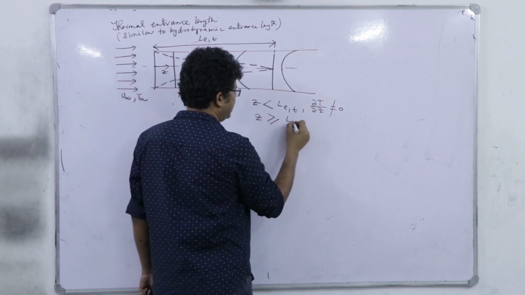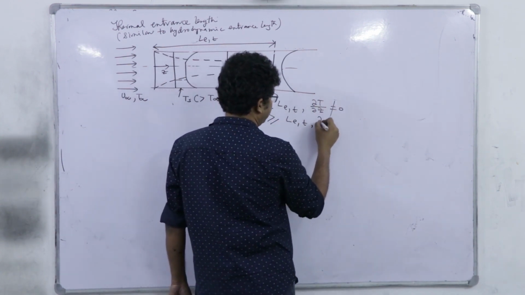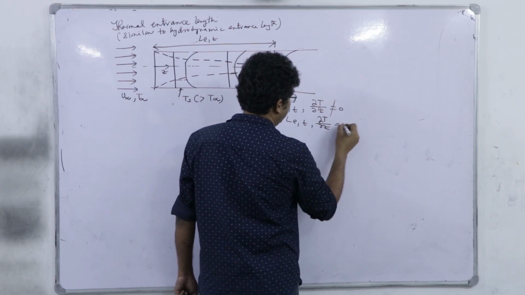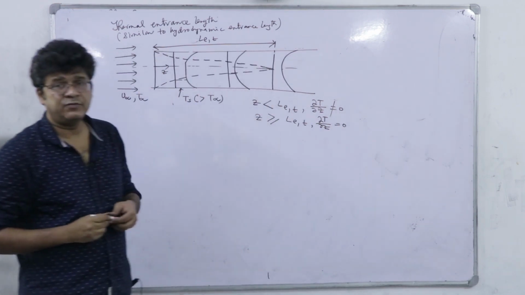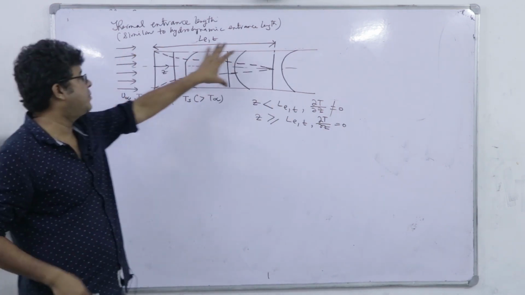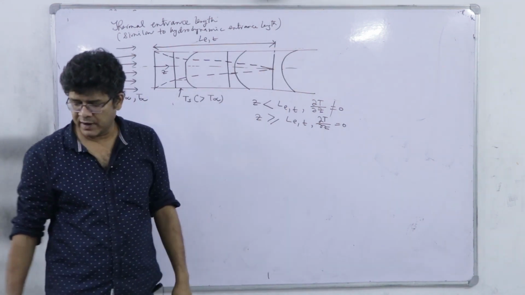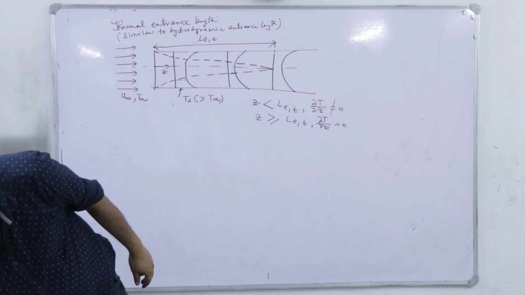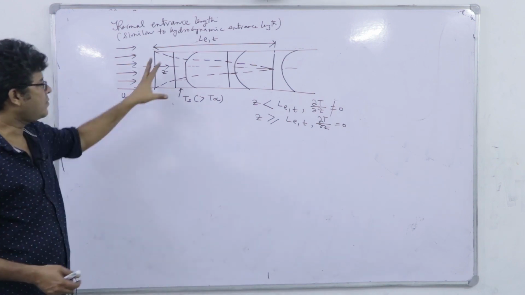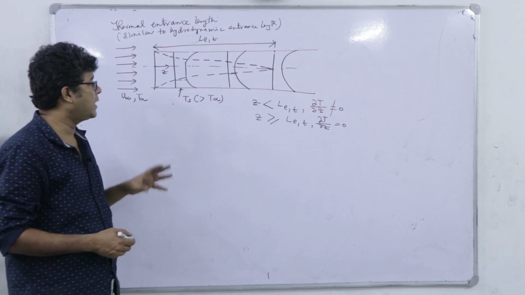For Z greater than or equal to LET, the thermal entrance length, del T del Z will be equal to 0. So, the thermal entrance length is necessary from the pipe inlet to have the fully grown temperature profile for the specific flow, right. Very similar to the hydrodynamic one.